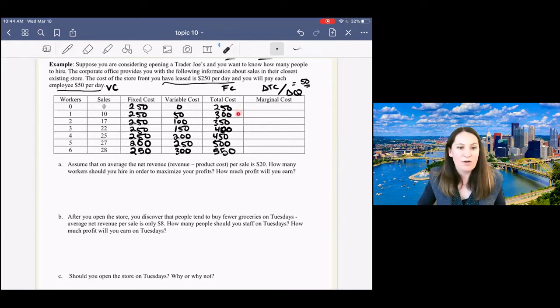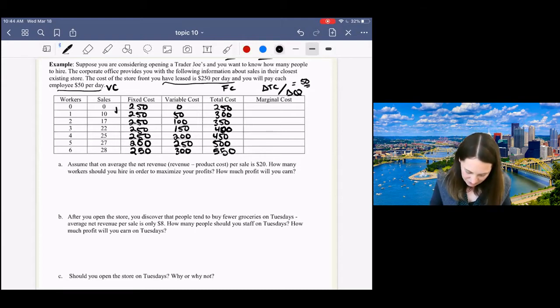If I go from one row to the next, every single time, my total cost is going up by $50. All right, so I've got $50 in the numerator, and then I'm going to divide that by the change in sales, right? So I've got nothing for this first row here, and then 50 divided by 10 minus 0.